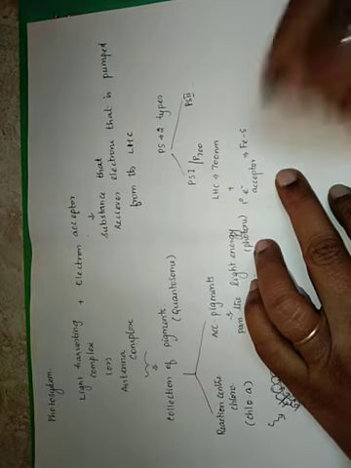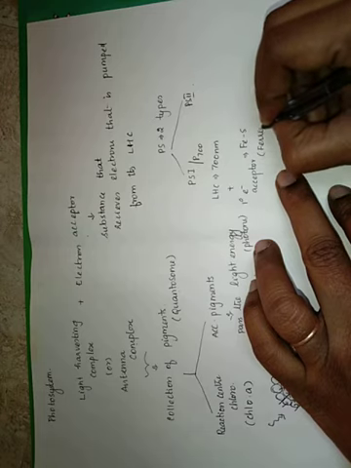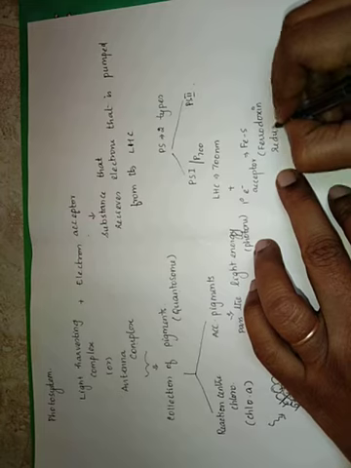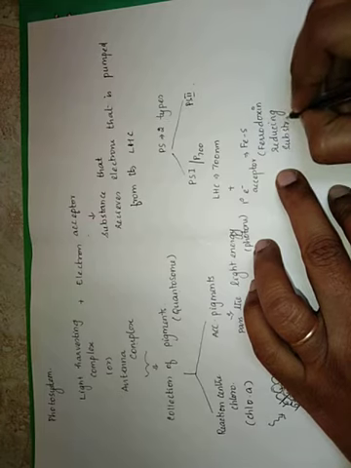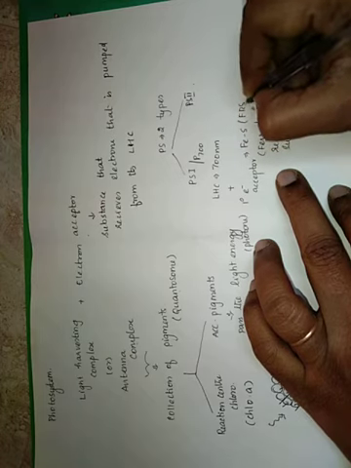Primary electron acceptor of PS1 is a FeS molecule. This is also called as ferredoxin reducing substrate. சில புக்ஸில் FRS ன்னு கொடுத்துருப்பாங்க.